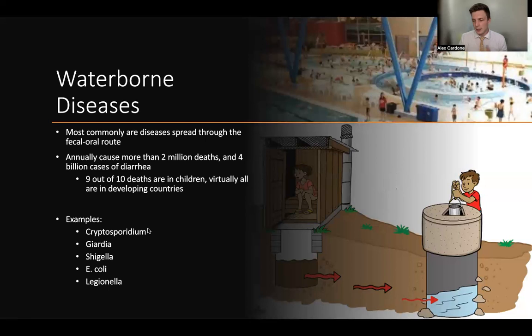Back in the early 2000s, there was a Cryptosporidium outbreak here in Utah that plagued several different pools in the area. And one of the really dangerous things about Cryptosporidium is that the parasite itself that causes that disease has a capsule or a shell around it.